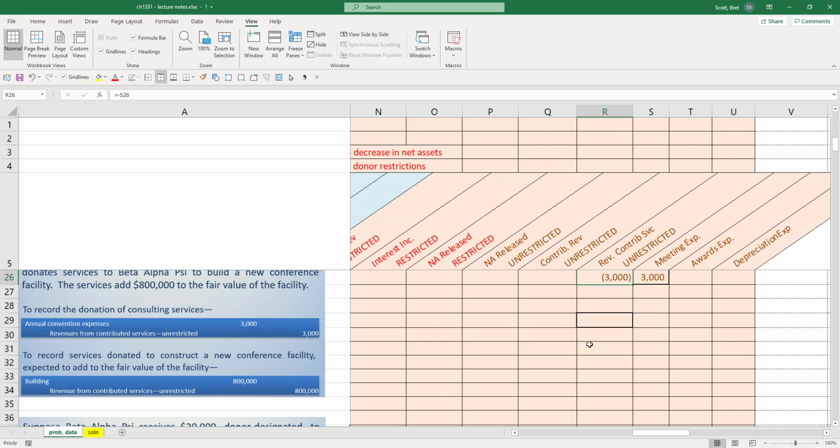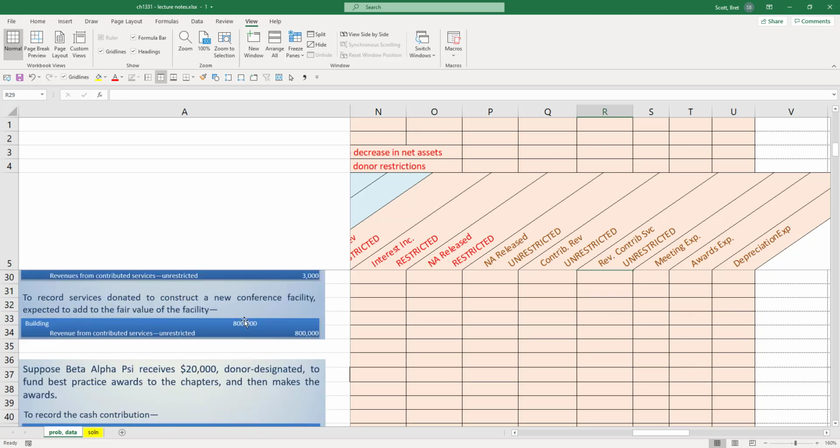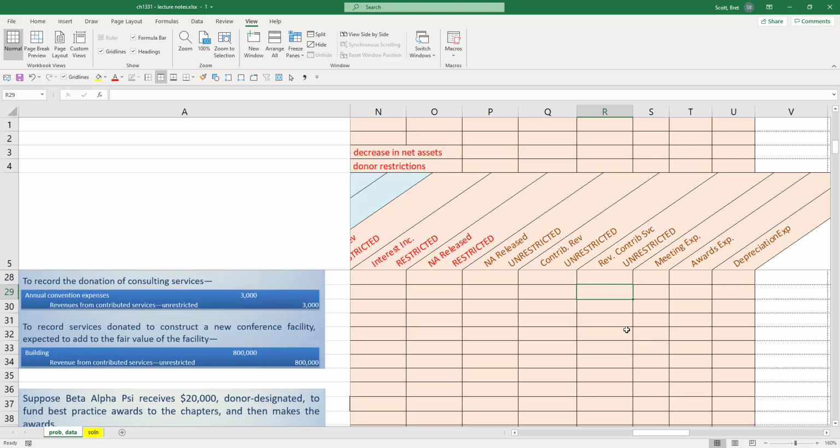$3,000 from the AICPA. What about this $800,000 here? What's that in the form of? We would go ahead and say you're donating contractor services in the amount of $800,000.